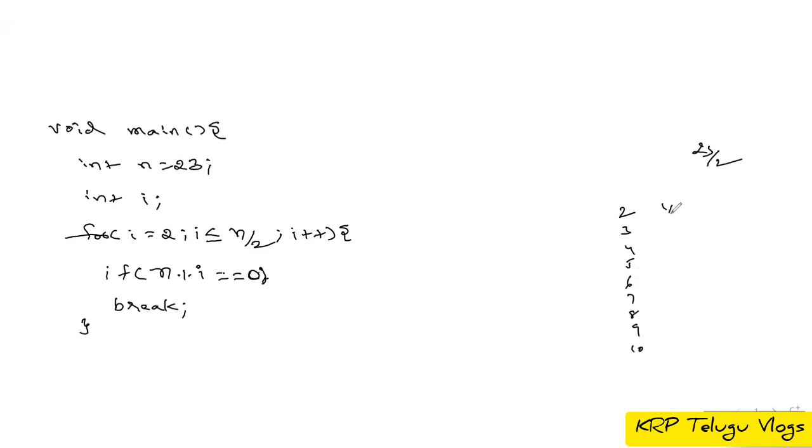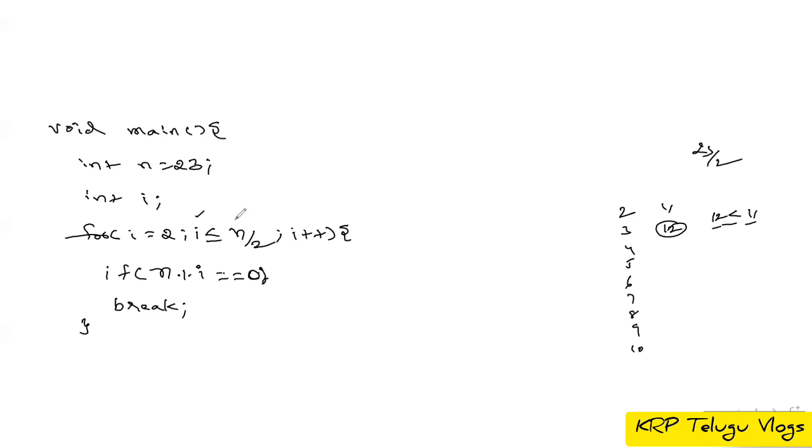So the i value reaches 12, correct? Now is 12 less than or equal to n by 2, which is 11? No, it is false, so it will break the loop.